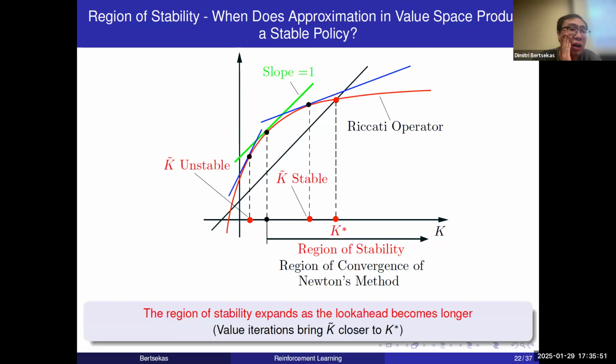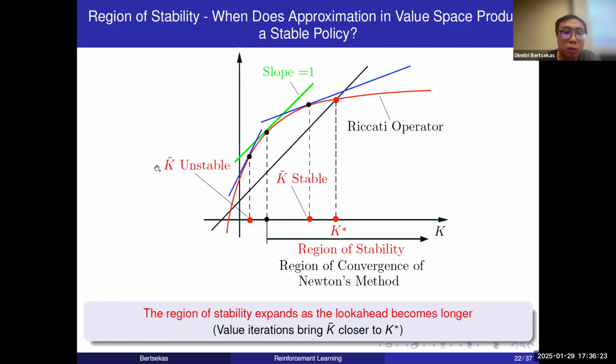Then the question arises: if we apply approximation in value space, how can we ensure the resulting control is stable? For example, in the context of the linear quadratic problem, a stable policy means its cost function has finite value, which again translates to the cost coefficient having finite value.